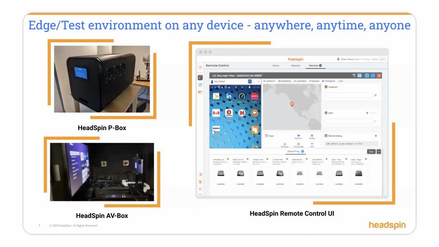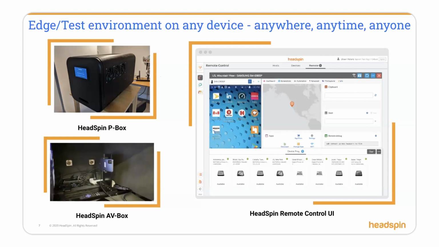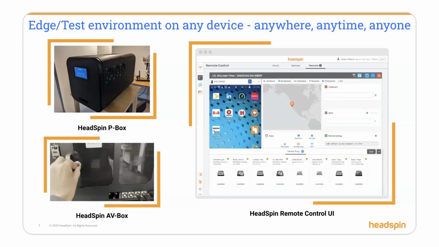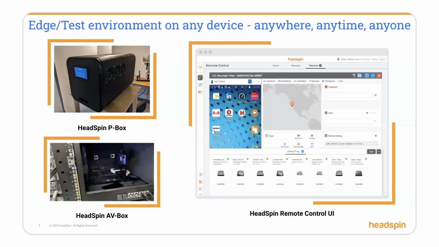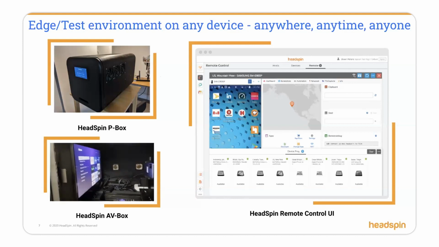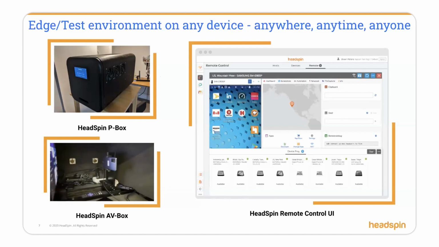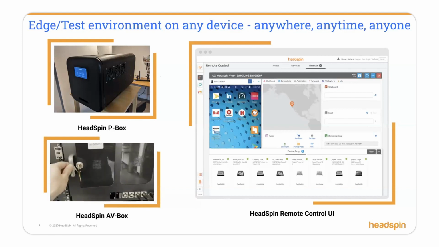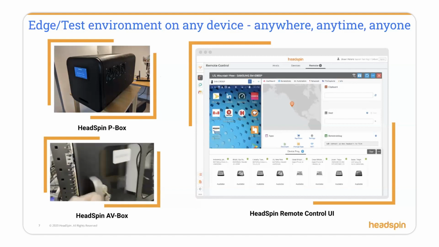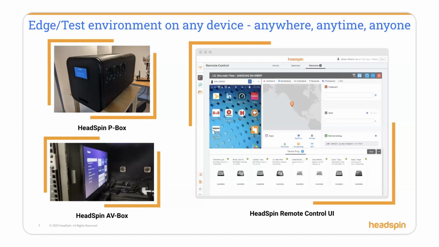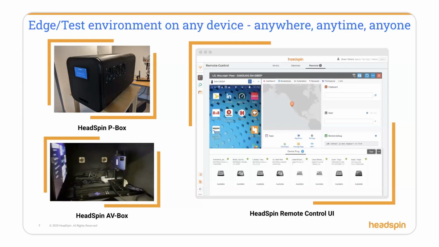Now, the difference between these two is the AV box is an apparatus that's leveraged for audio and video quality of experience testing in a sound and light isolated enclosure. The AV box is the only apparatus of its kind in the market today. So typically you'll have organizations that are testing streaming video or audio that would leverage this apparatus to run tests on audio or video quality.